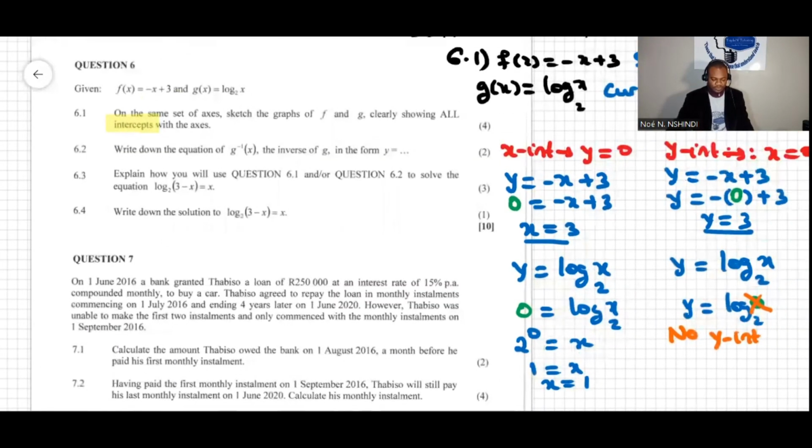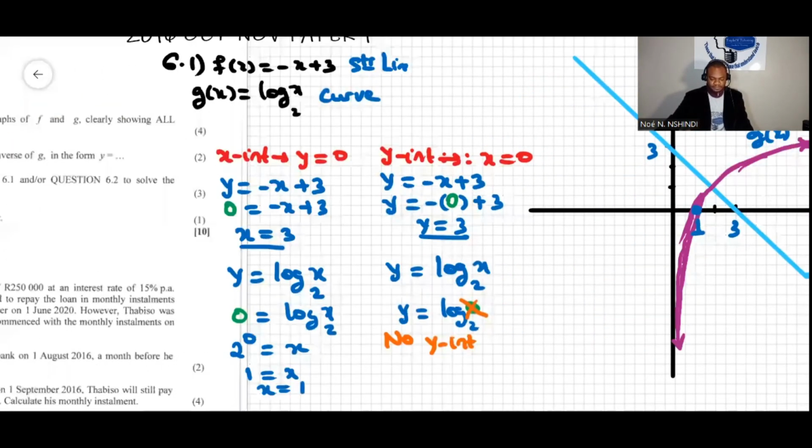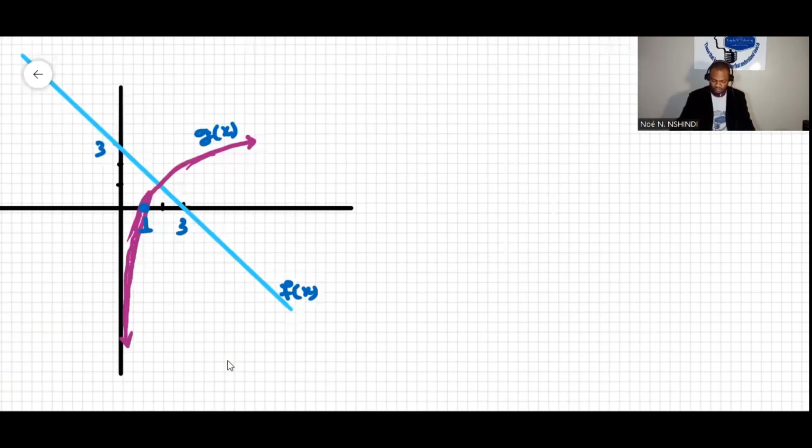That was 6.1. And now 6.2 says: write down the equation of g inverse of x, the inverse of g, in the form y equals. I write here 6.2.